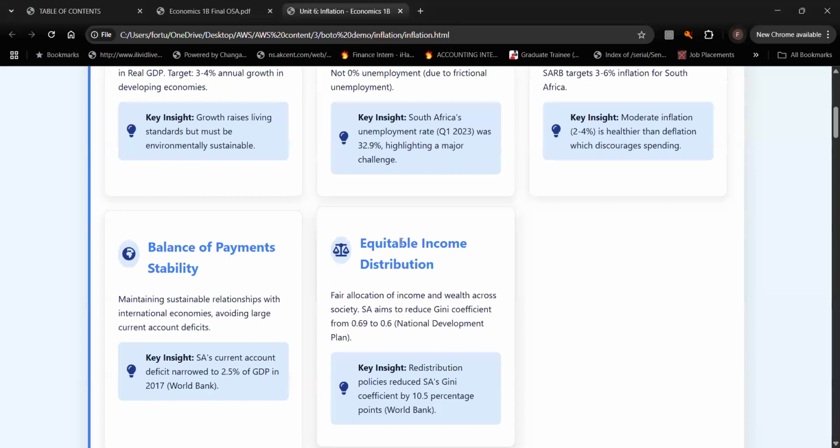Zimbabwe as well, around 2,000 United States dollars, indicating diversity in the per capita figures. The per capita figure is not really an indicator of the distribution of income itself, but it generally highlights how GDP is divided amongst the population if we have equitable distribution.